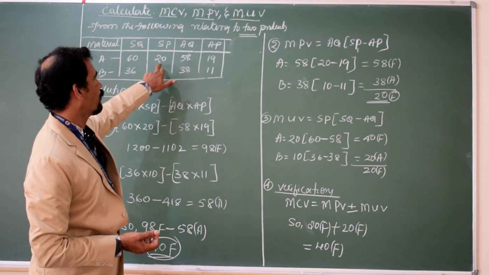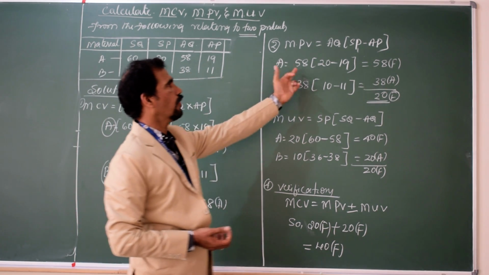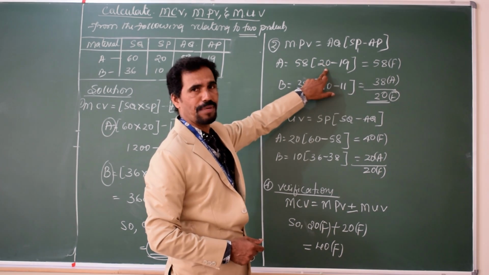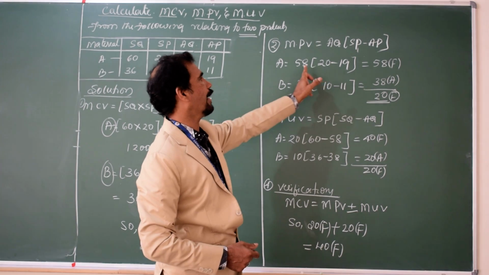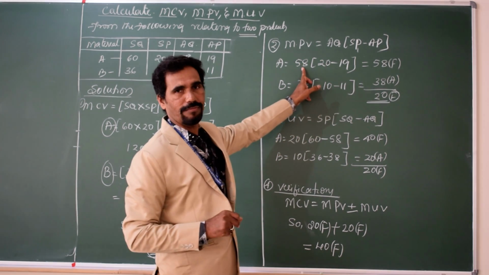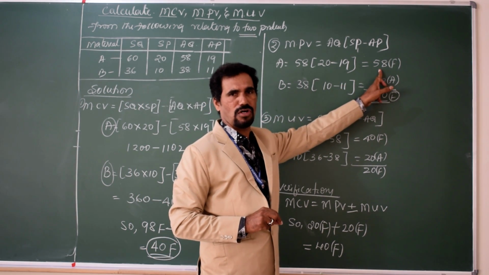What is the standard price of material A? 20. And the actual price? 19. So actual quantity 58 into standard price 20 minus actual price 19 rupees. 20 minus 19 is 1 rupee, into 58. 58 into 1 equals 58 favorable.